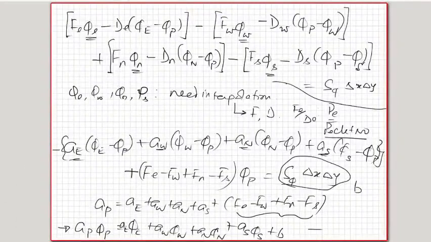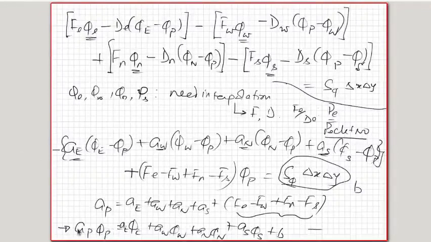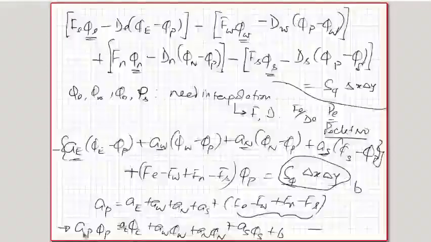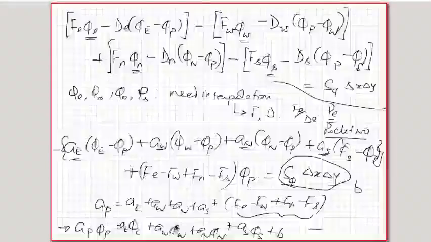Going one step further on this, pressure correction. The method that I just showed you is useful for solving any equation. If all the quantities that I require to calculate AP, AE, AW, AN, AS and B are known to me, then this is a simple linear equation that I can solve for phi.